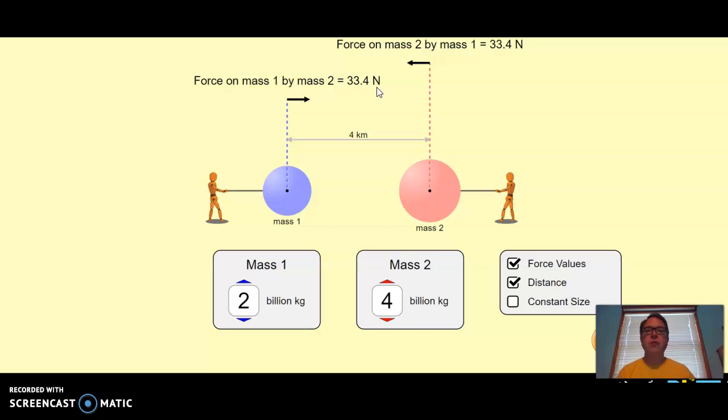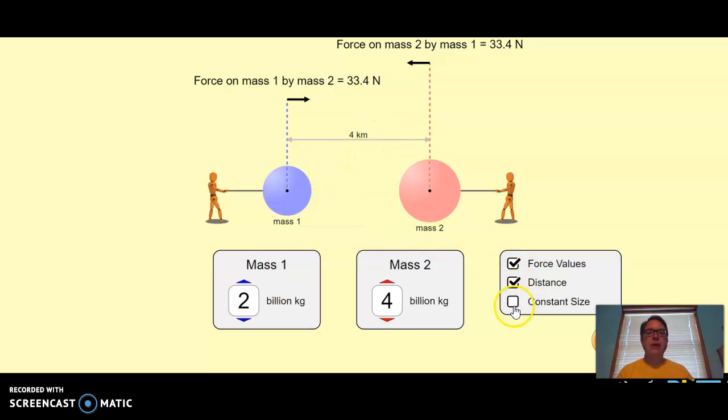Gravity is a force, so we measure gravity in newtons. And over here, right above the red sphere, force on mass 2 by mass 1 is 33.4 newtons. First of all, notice they're the same, isn't that interesting? Even though this one's bigger than the blue sphere, the force of gravity on both of them is the same. So the two objects are pulling on each other the same.